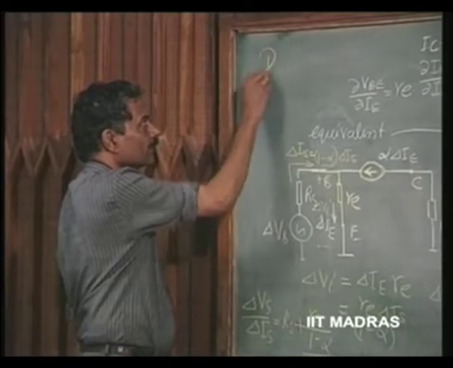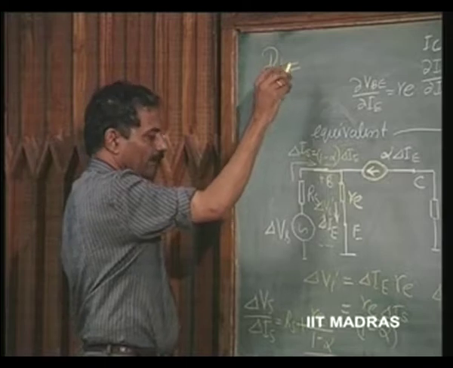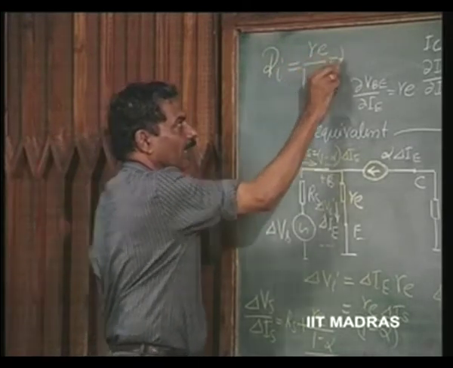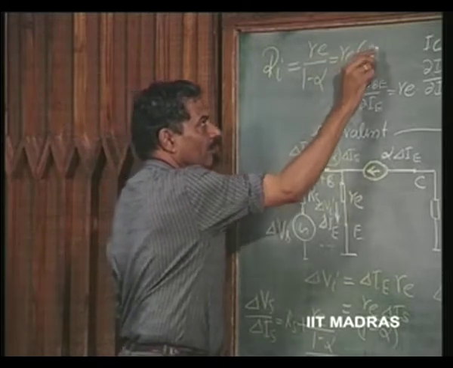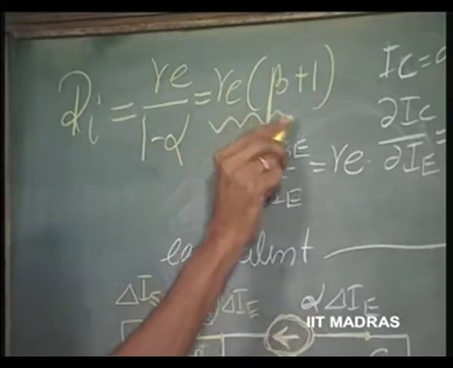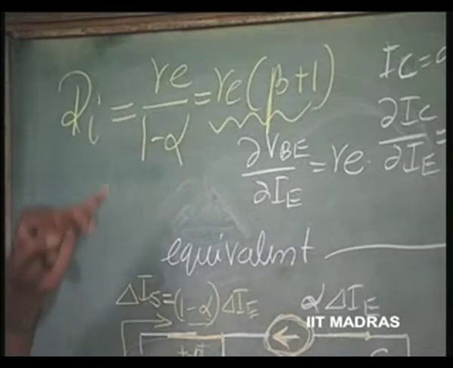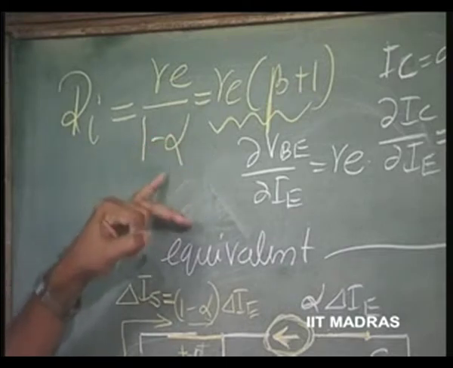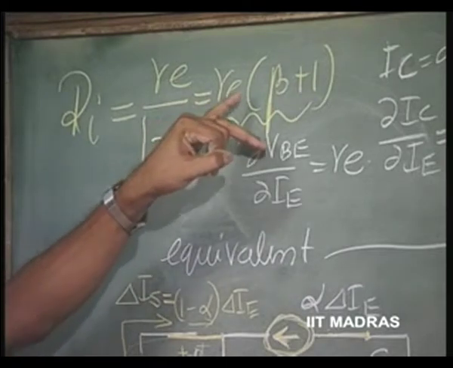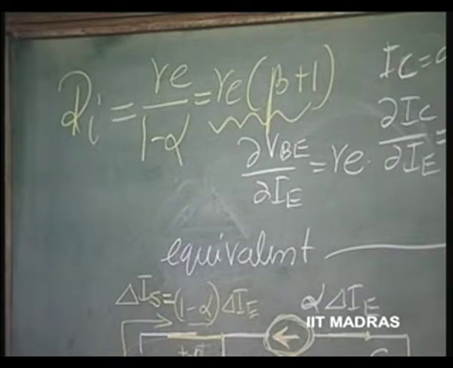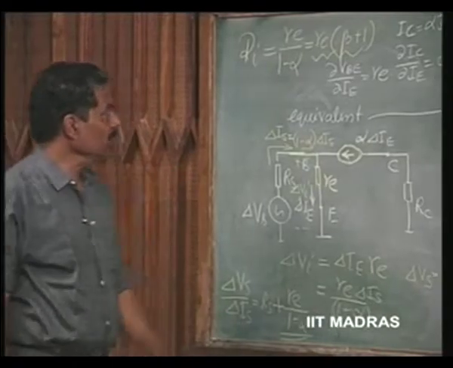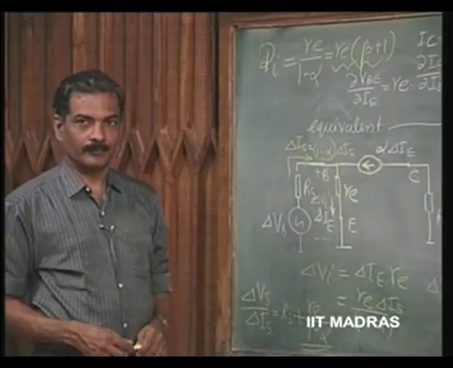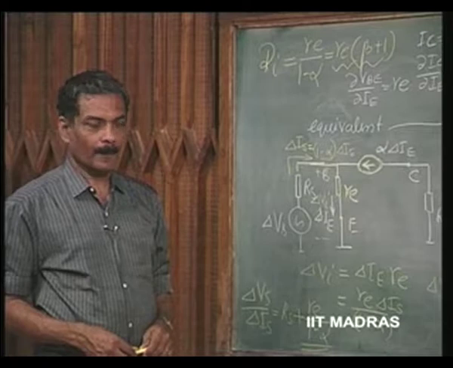So, input resistance of the amplifier is nothing but Re by 1 minus alpha, or is equal to Re into... I told you alpha is beta by 1 plus beta. If you replace it by that, you will get this as Re into 1 plus beta. So, as far as common emitter amplifier is concerned, the input impedance is Re into beta plus 1.